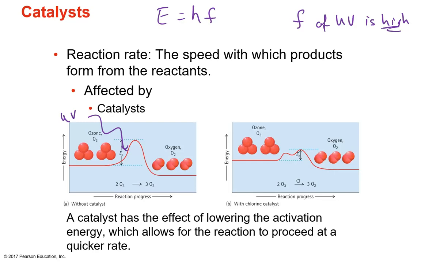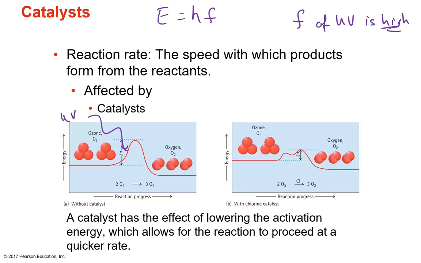This here is showing what happens if you have chlorine atoms present. The chlorine atoms will make it so it takes a lot less energy to break those bonds, just their presence. And so if you have the chlorine atoms present, then you have enough energy in visible light photons to break the ozone ring.